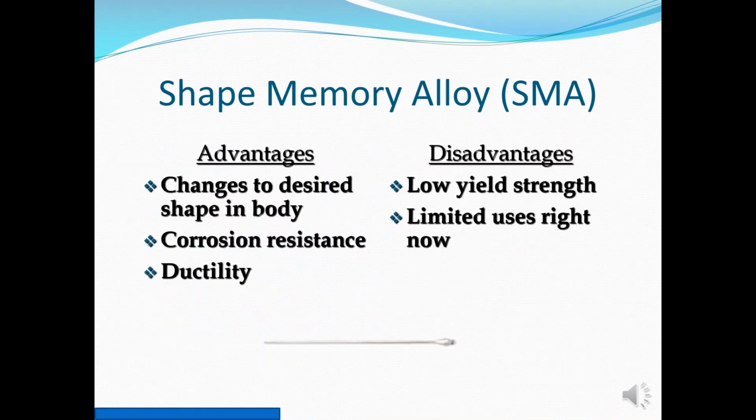Advantage and disadvantage of the SMA: once it reaches the temperature of the patient, which is 37 degrees Celsius, it starts to regain its shape. Good corrosion resistance, and it changes shape according to the body temperature.